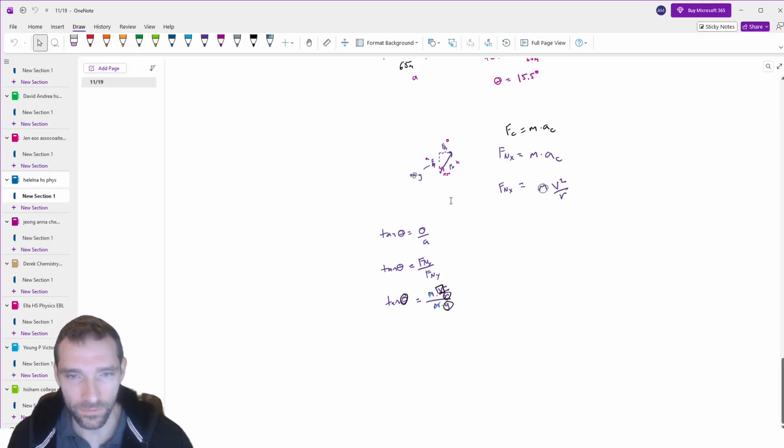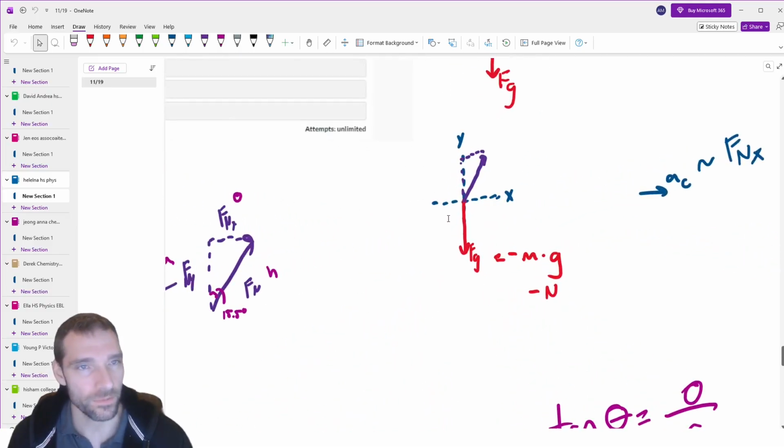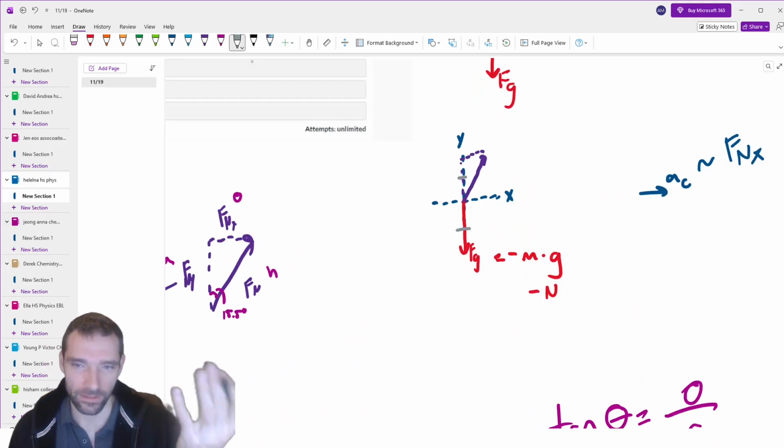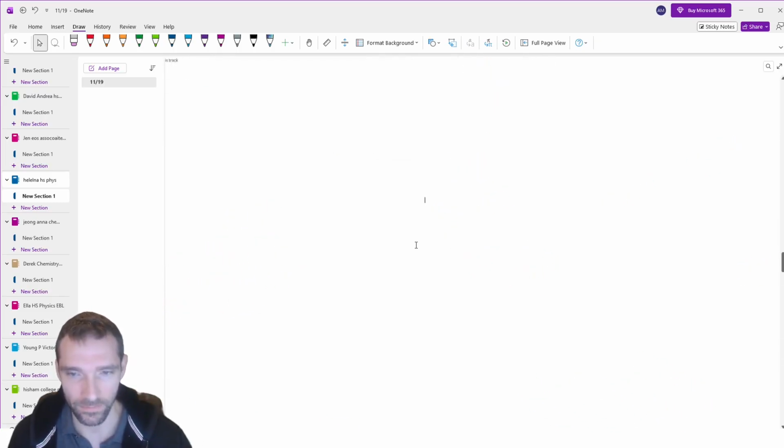And we can also define our force normal in the y direction, which should be opposite what gravity is. So whatever gravity had downward, then the force normal is just that value upward. So you could think of this as the negative number, that force gravity, then the force normal in the y direction is just the positive mg.